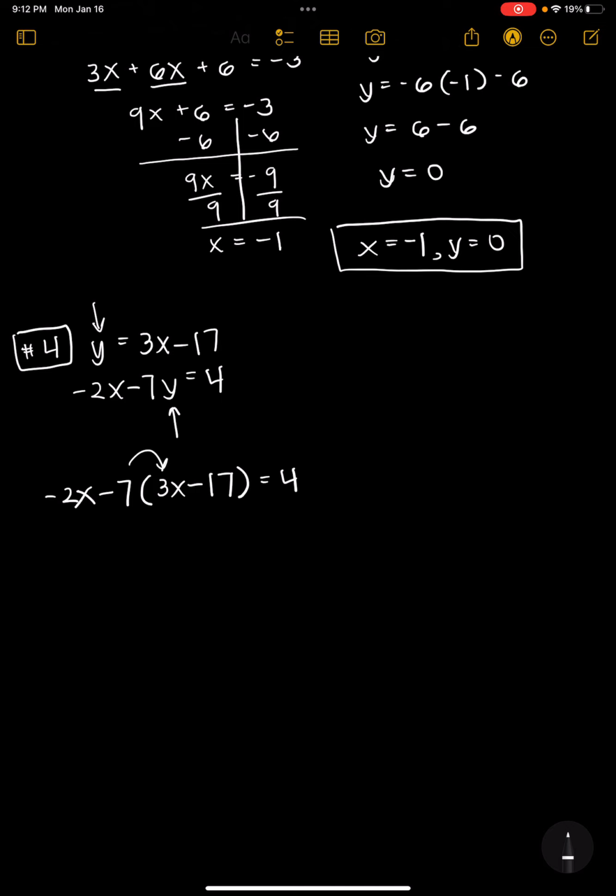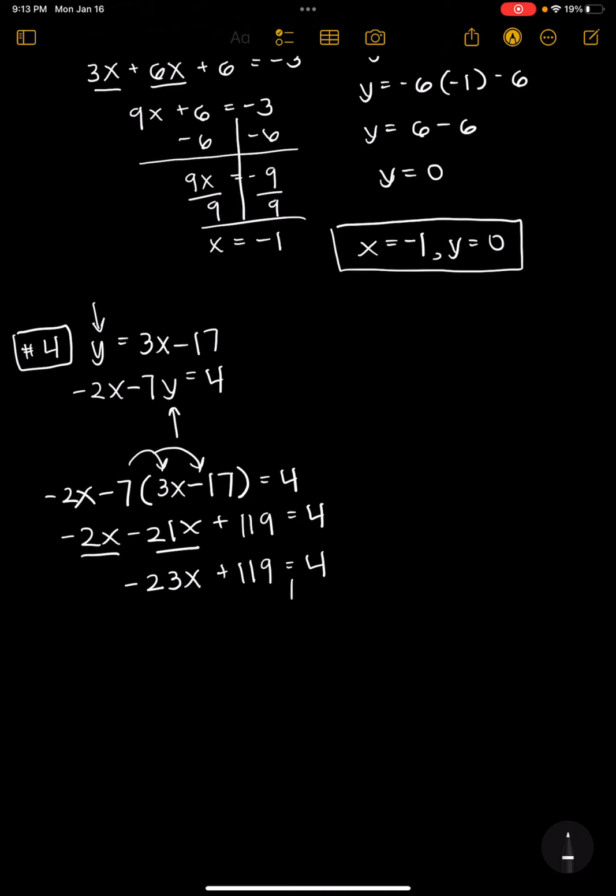To solve it for x, we're going to distribute this negative 7. So I'd get negative 2x minus 21x plus, because the negatives distribute, and then 7 times 17 is equal to 119 equals 4. Now we're going to combine like terms, which are the two x's. So I'd get negative 23x plus 119 is equal to 4.